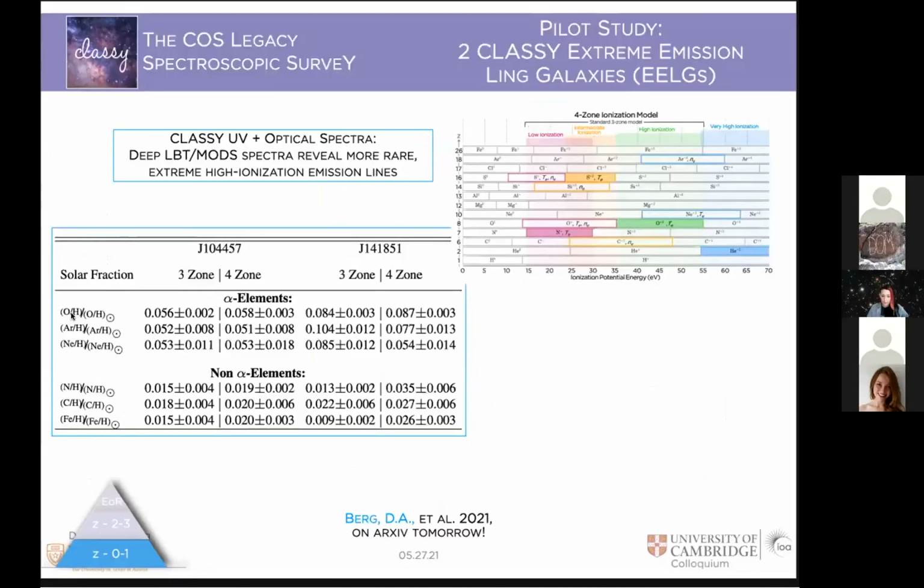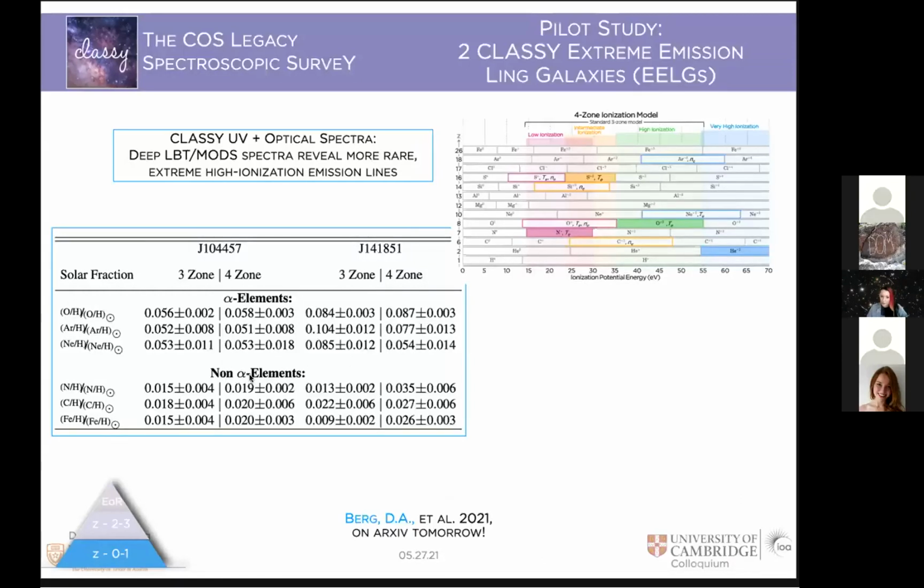For alpha element ratios, so oxygen, argon, neon to hydrogen, these three elements for each galaxy have very similar values. So for J104457, we're about 5 to 6% solar. And for J141851, we're closer to about 7 to 8% solar, some variation there.